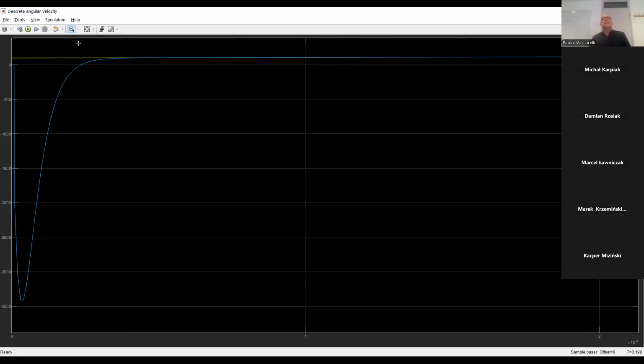One of them is that if you consider the transfer function in our system between the current, because the current is somehow our input in the observer, and omega, we have a zero with a positive real part.